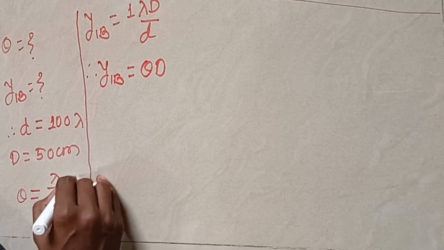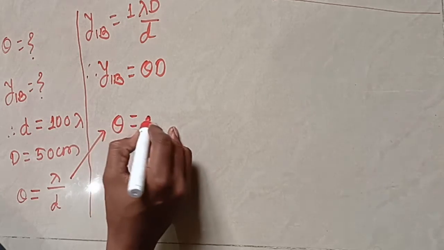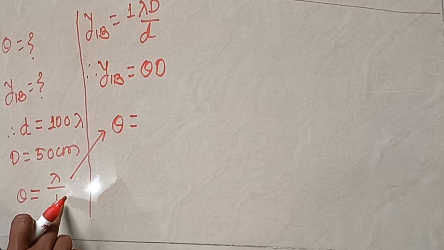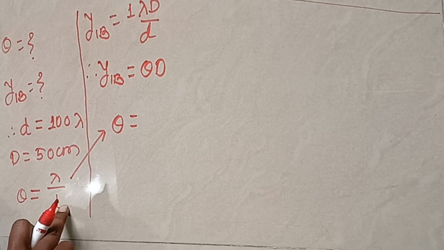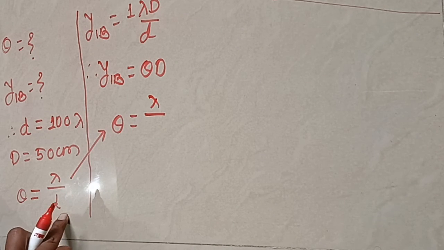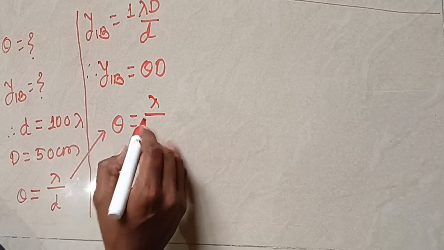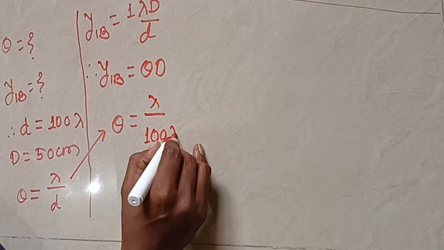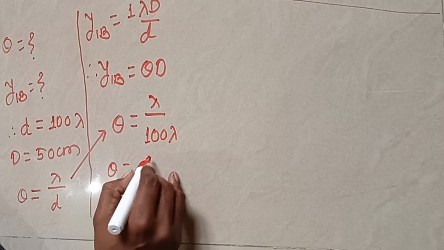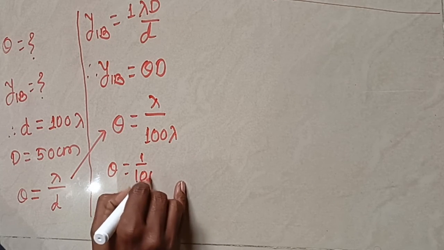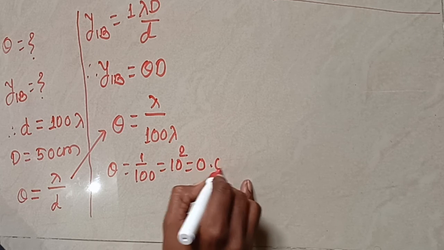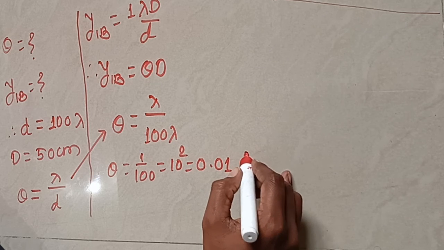Now by using the given we first find theta. Theta is equal to lambda upon d. Therefore we put lambda as it is and d is equal to 100 lambda. Here lambda gets cancelled. The answer becomes theta is equal to 1 upon 100, which is 10 raised to minus 2, or 0.01 radian.